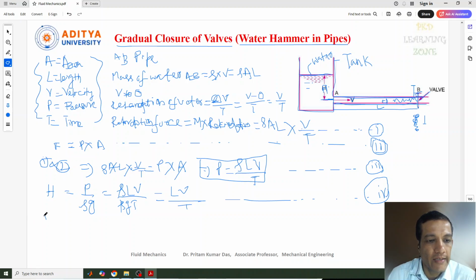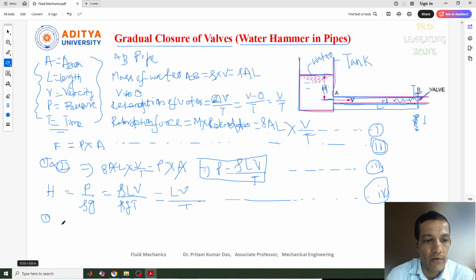So we have two conditions here. The first is valve closure gradually. When the valve is closing gradually, it depends upon the time period, because we are closing the valve slowly. What is the time taken here?